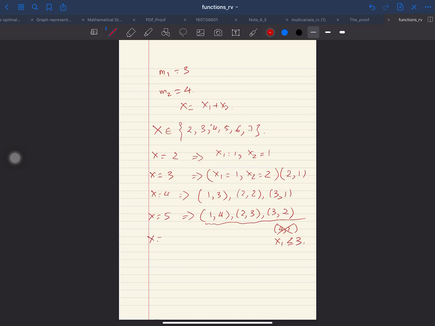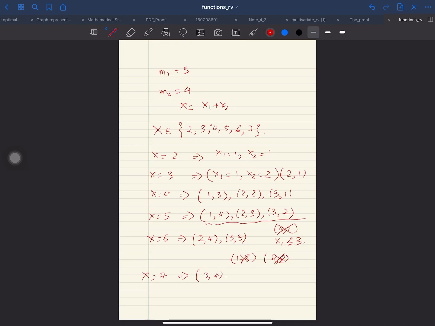For x equal to 6, I cannot start from 1, 5, so I can only have 2, 4 and 3, 3, because 1, 5 is not a possibility, and similarly 4, 2 is not a possibility. And finally, x equal to 7, I would then have just 3, 4.